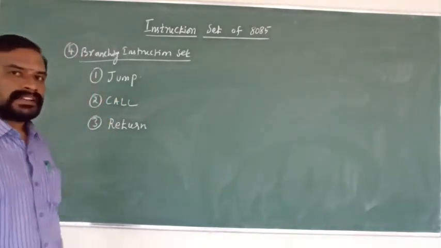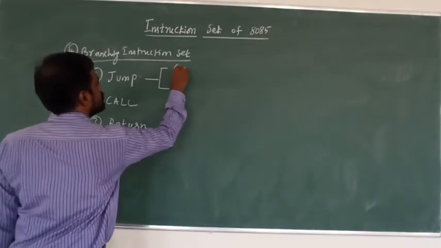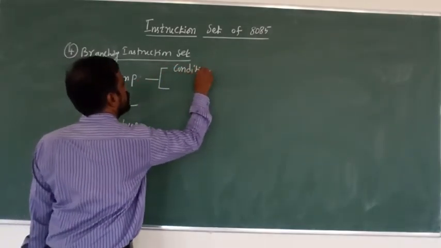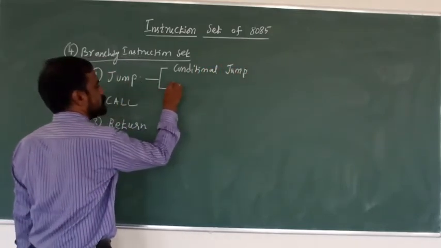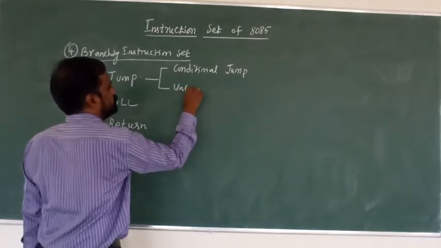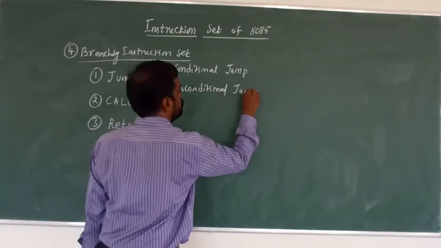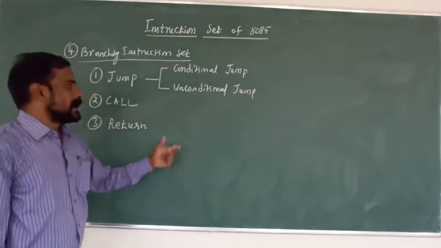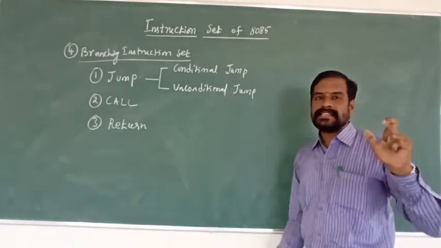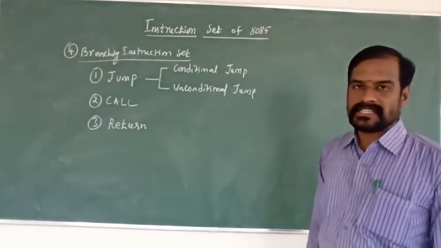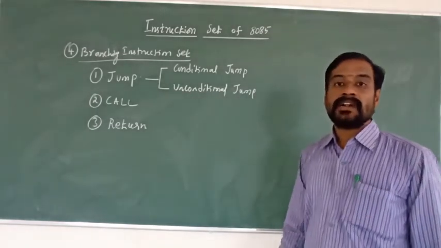Jump. There are two types. One is a conditional jump, and the second one is an unconditional jump. Unconditional jump: without any condition checking, jump to the given 16-bit address location.